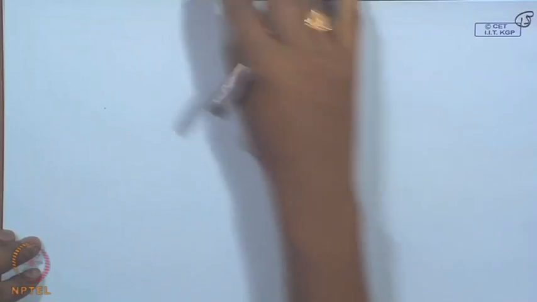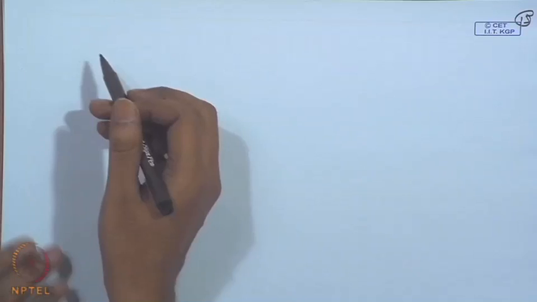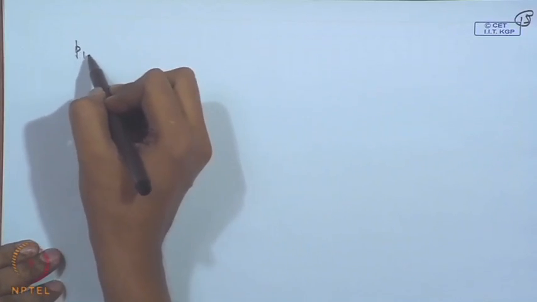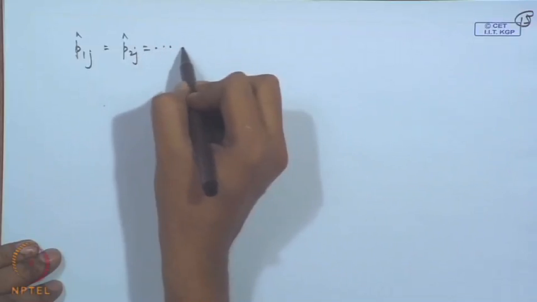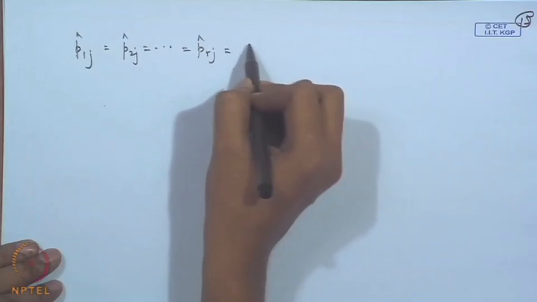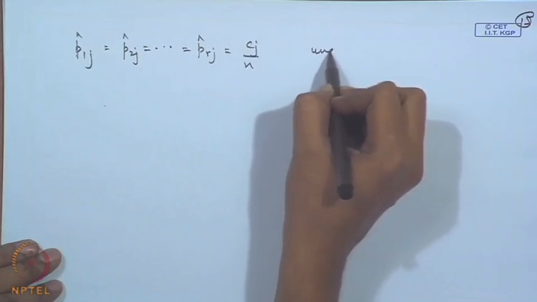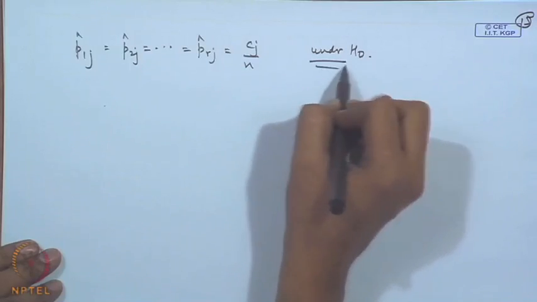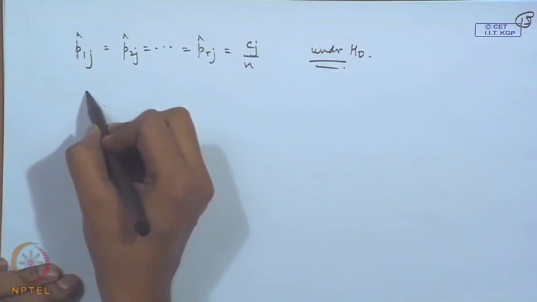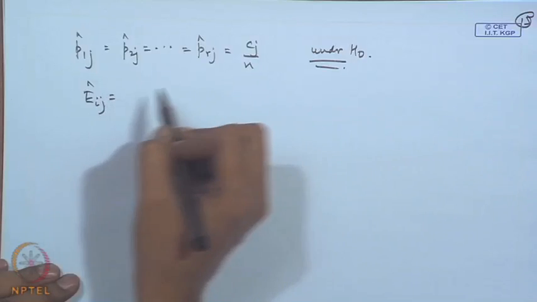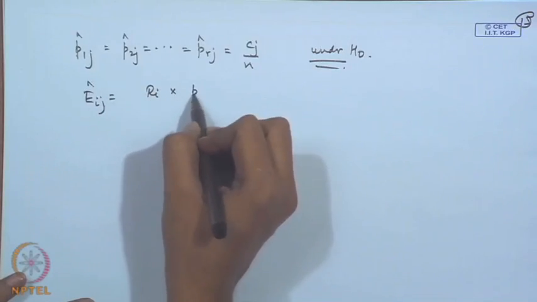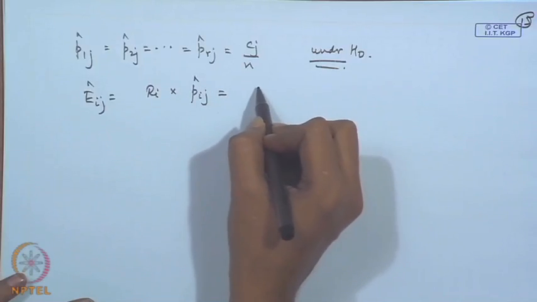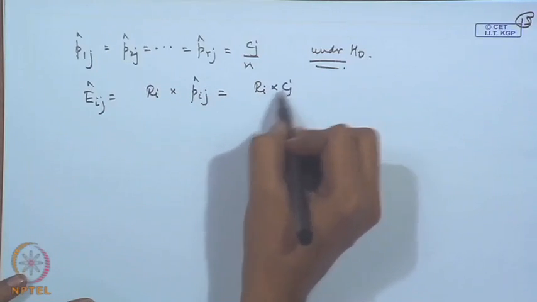Now, for estimating these probabilities, we can consider P1j hat equal to P2j hat equal to Prj hat, that is equal to Cj by n. This is under H naught that we are considering. Okay. So, for the ijth cell, Eij hat will become Ri into Pij hat, that is equal to Ri into Cj by n.